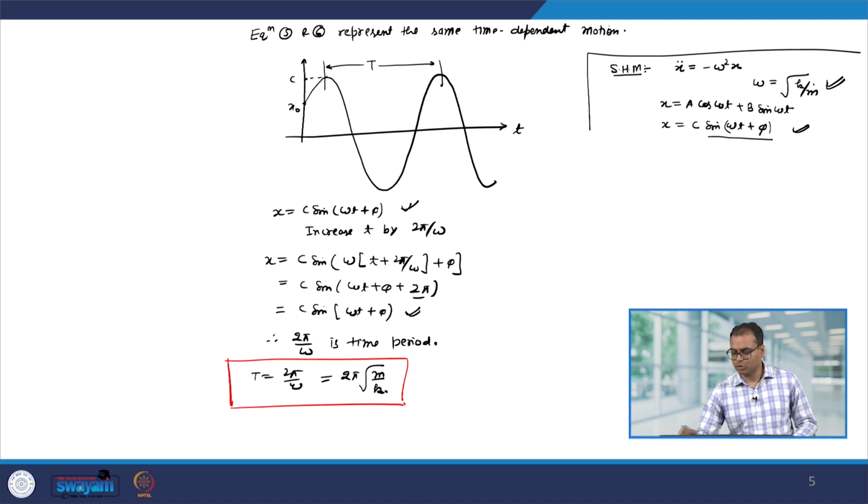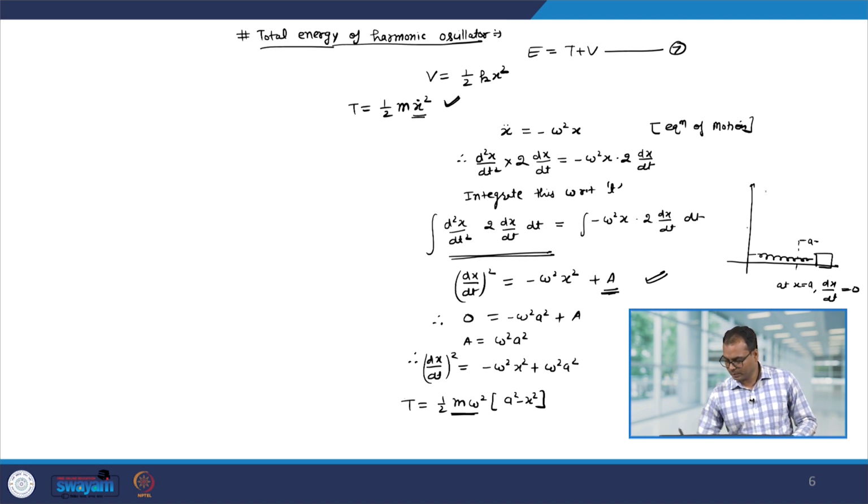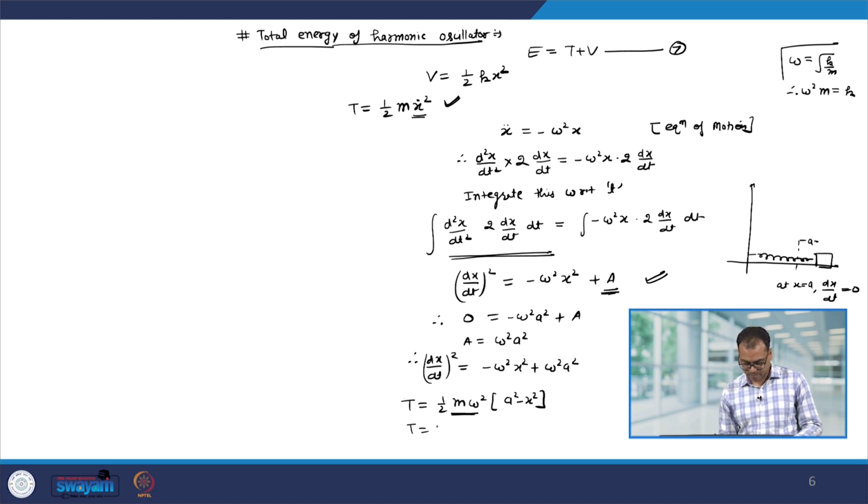Remember, omega was square root k by m. So, therefore, omega square m will be k. So, this I can write down as half k into a square minus x square.